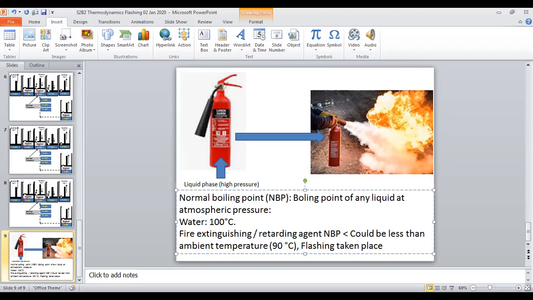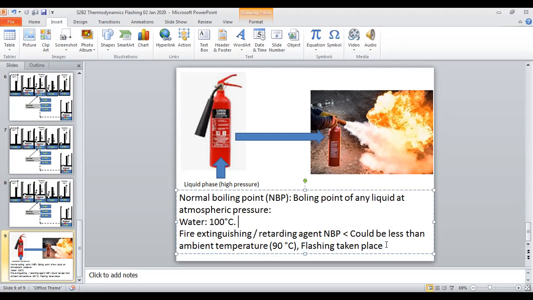So flashing is taking place, and surely this is coming out in vapor form. Here we cannot say flash point, but the flashing is taking place for sure.